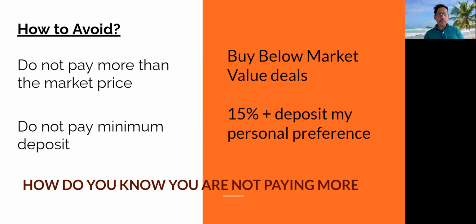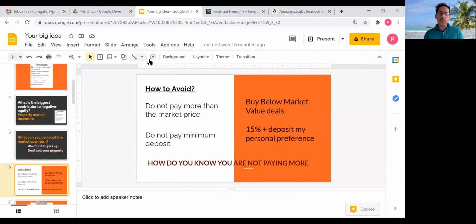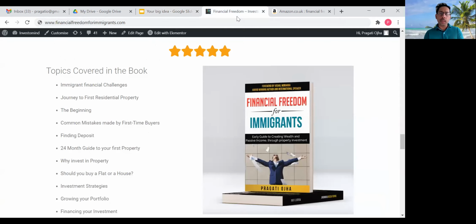Now, I do cover this particular topic, buying below market value and understanding the market value, in my book, which I will share with you here. The book is called Financial Freedom for Immigrants. It is not just for immigrants, but it does have a lot of things that can help immigrants get on the property ladder as early as possible.